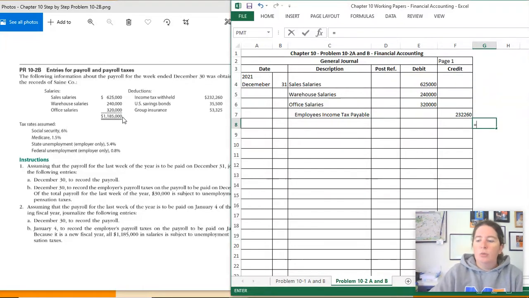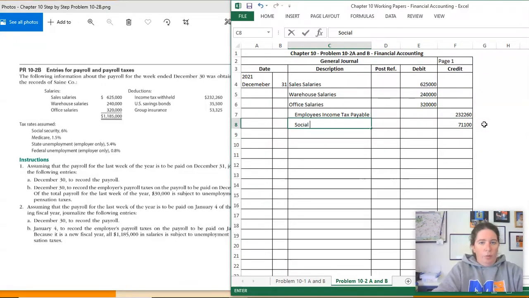I type in equals 1185000 times 0.06, because that's the decimal equivalent of 6%, and press enter. It tells me that I should have 71,100. Actually, I could do that right in here, I don't have to do that outside. Times 0.06. And that's my amount for my Social Security tax payable.